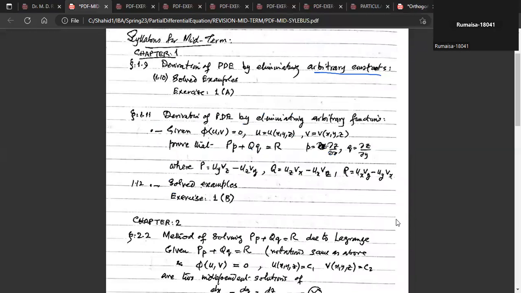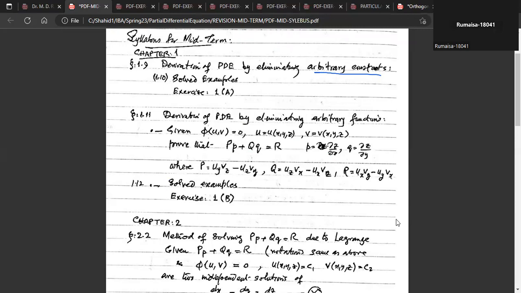Another is if you are given a family of surfaces in terms of arbitrary functions, then we make a partial differential equation by taking derivatives with respect to x and with respect to y.